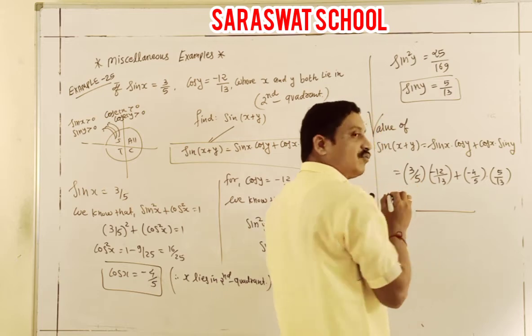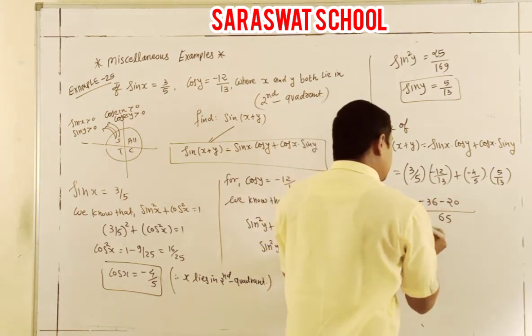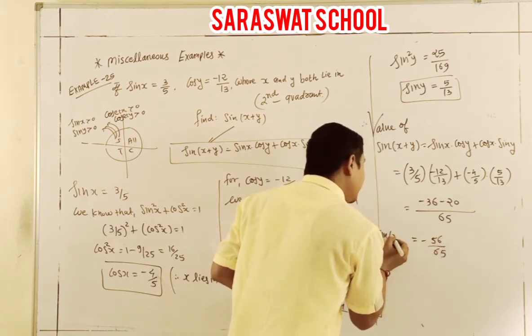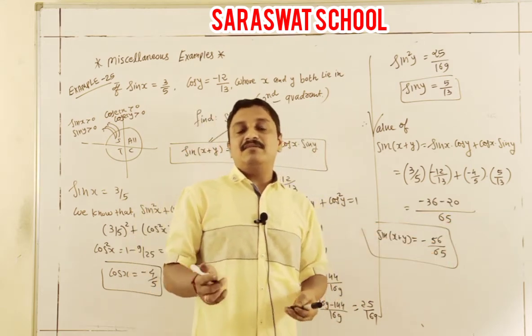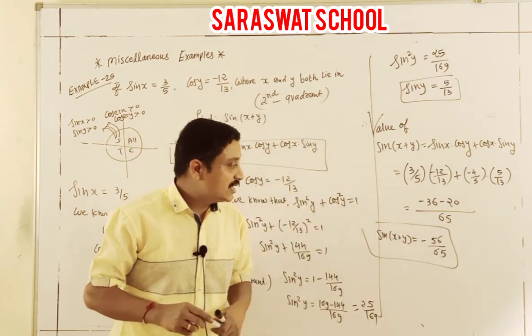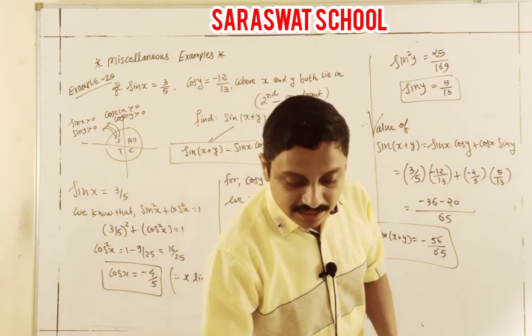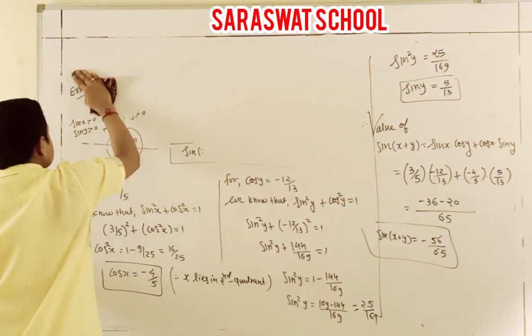So 13 5s are 65, here 12 3s are 36, and 20 minus 56 by how many? Minus 56, because 36 and 20 we will get 56 minus, and here by 65 is your final answer to this example 25.